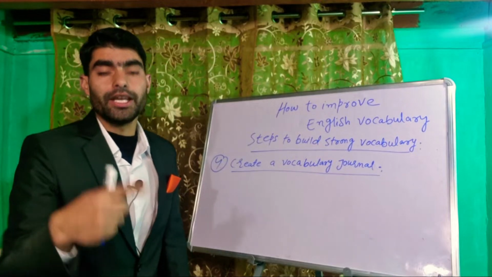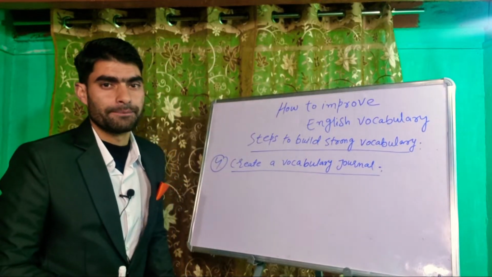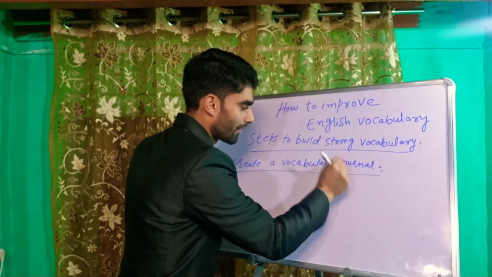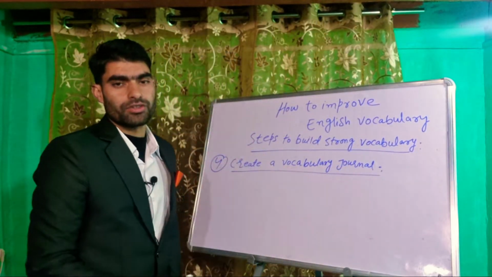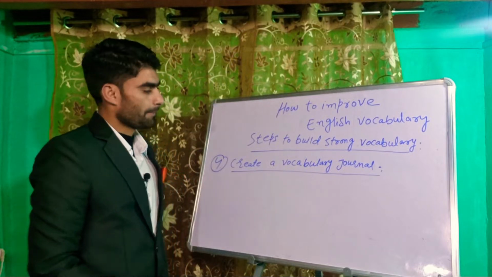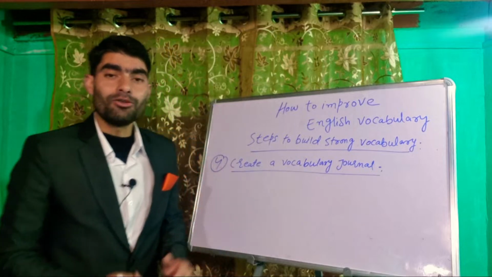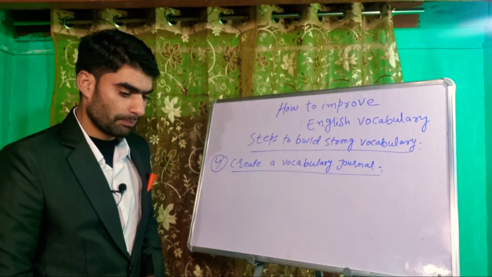What happened in your life today, and those experiences you are writing down in your journal. Got it? This is called create a vocabulary journal. You have to follow the same procedure.